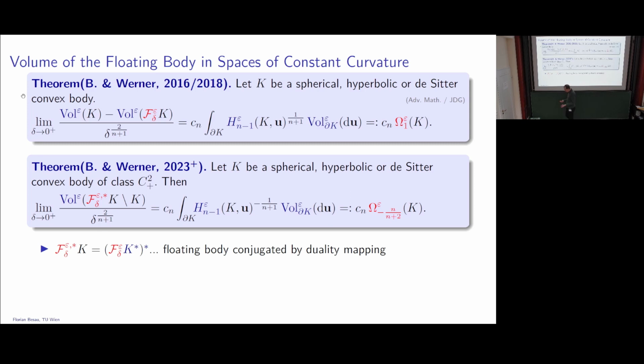So when you conjugate your floating body operator with duality and measure the volume and take the volume derivative, they give rise to something that looks like so. Interestingly, the only difference is that the power of the Gauss-Kronecker curvature changes here. And in a way, these are what we would say the natural analogs to this Lp affine surface area we have seen in Euclidean space.